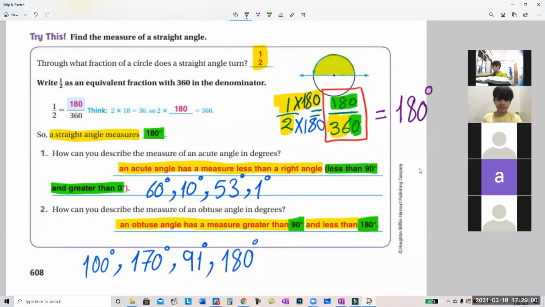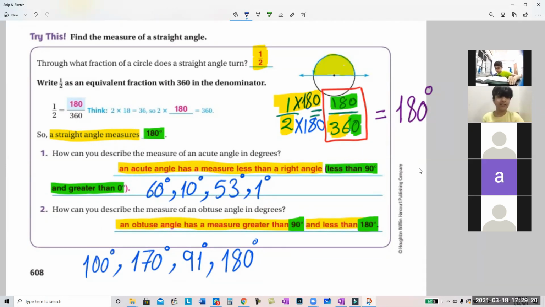No. Okay, so the obtuse angle must be greater than 90 and less than 180, but it's 180. So you can't, because 180 is a straight angle, okay?